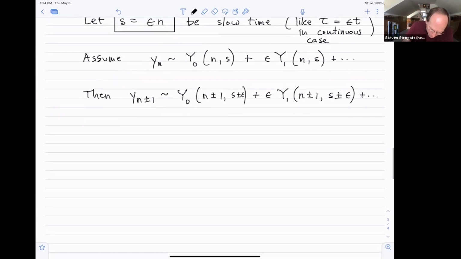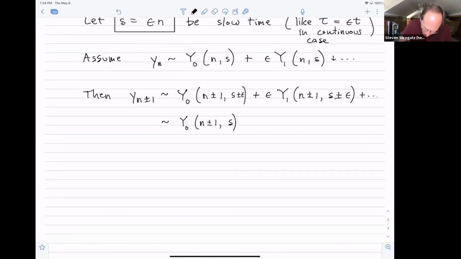So I'm going to look for an approximation here, which is, I want to think of this as y0 at n±1, s. Notice not s plus or minus epsilon, but then make appropriate corrections to that coming from the formula above.